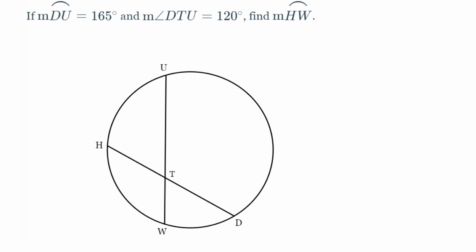And our last little example here. Again, it's kind of the similar thing that we were dealing with. We just have different parts here. We're going to use the same formula. So arc DU, let's highlight that. DU has a measurement of 165 degrees.